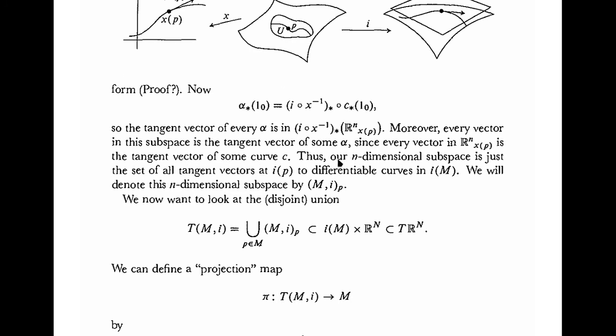So essentially you get an n-dimensional subspace, which is the set of all tangent vectors at a specific point to smooth curves.